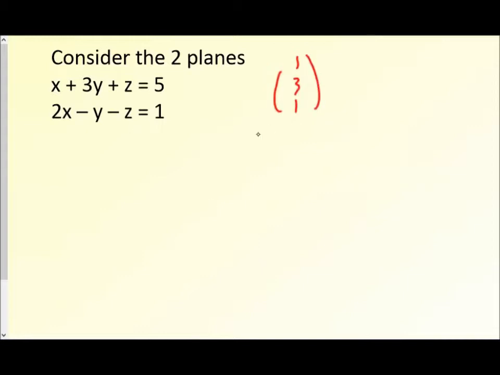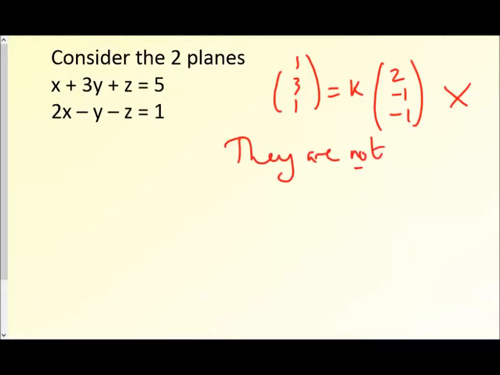And the normal to this one is 2, -1, -1. Is this a multiple of that? No, it's not. There's no value of k that we could put in there to make the two vectors the same. Therefore, they are not parallel.